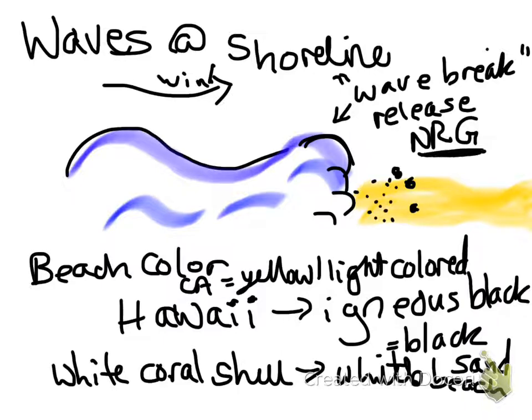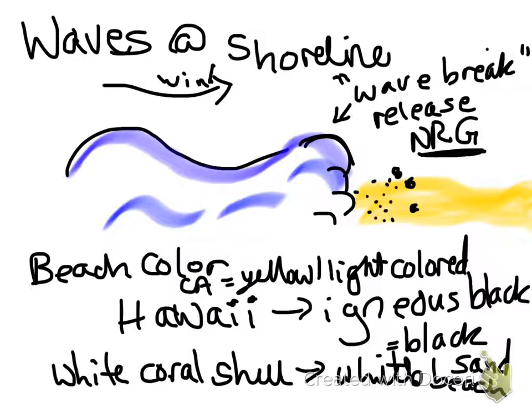And that energy is what breaks up the rocks. That's what acts as a weathering force on the beach. That's how we get sand eventually, right? It's the release of energy from a breaking wave or pounding surf that breaks down rocks and makes sand.